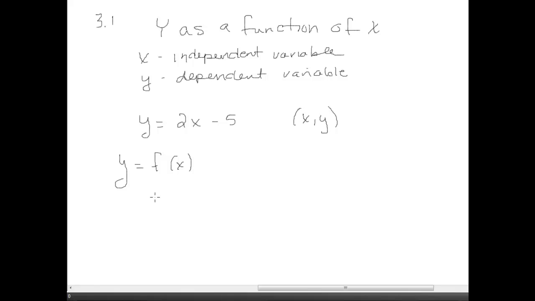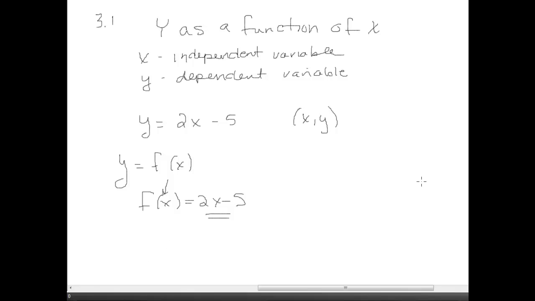So now instead of looking at y equals 2x minus 5, we'll look at f of x is equal to 2x minus 5. So this is considered function notation, again, because I'm looking at y as a function of x. This shows me, as I plug values in for x, what that corresponding y value will be.